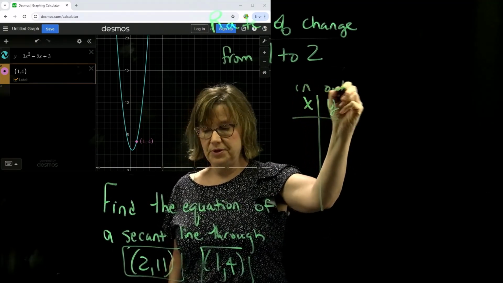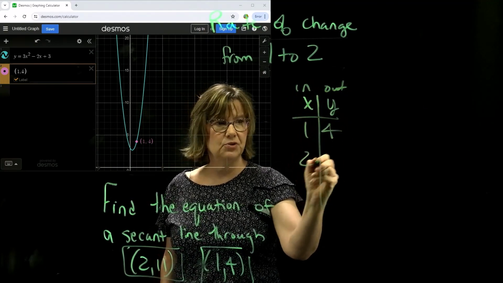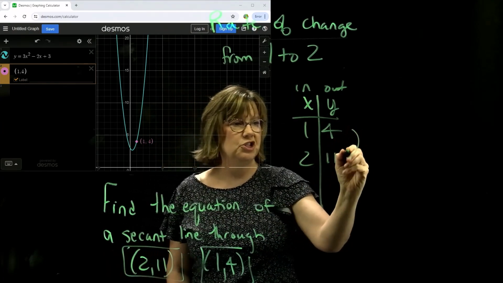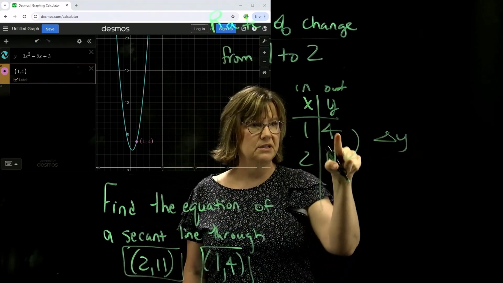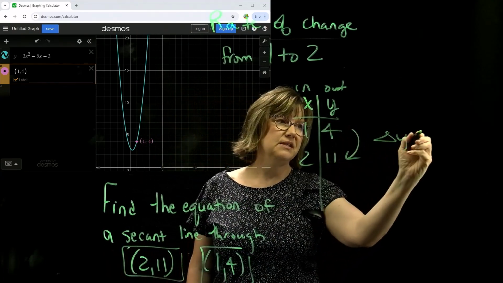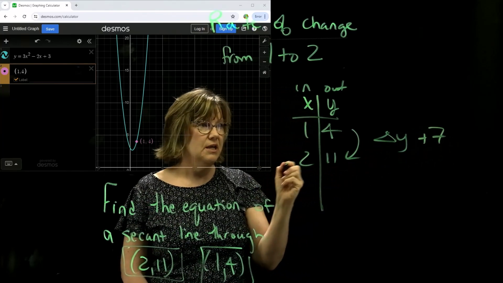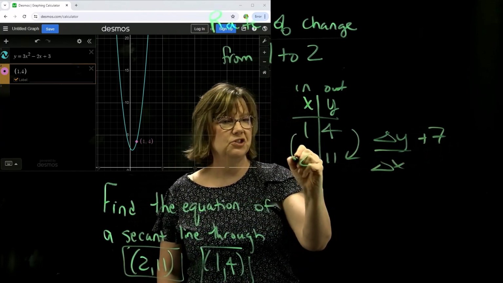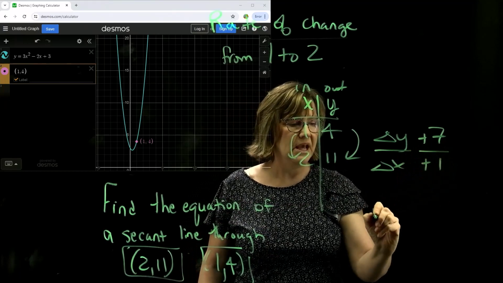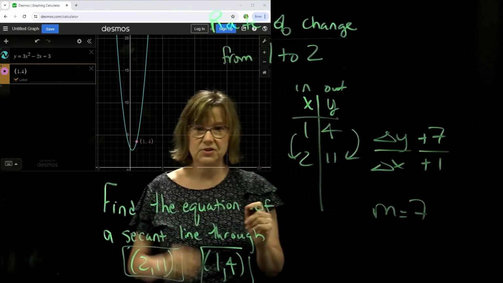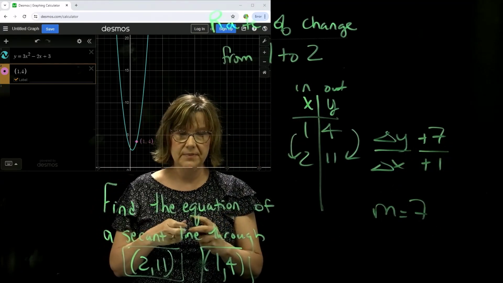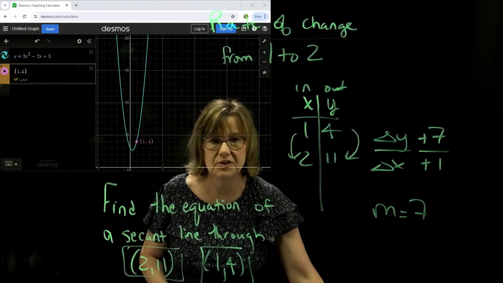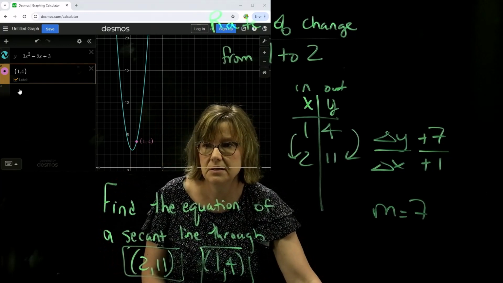Every function has input and output: 1, 4, and 2, 11. Okay, so change in y is what? It's going up by 7, I think. And then change in x is just going up by 1. So now it looks like the slope is a positive 7. So this time it's going to be going this way. All right, and I can plot that other point. What is it, 2, 11?